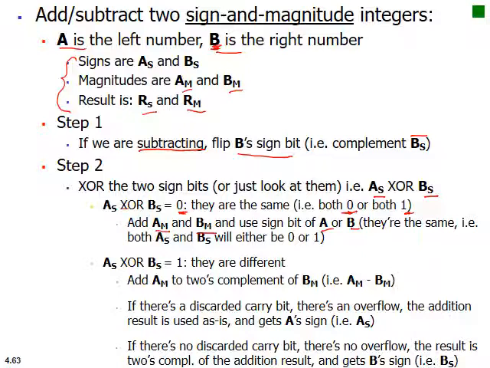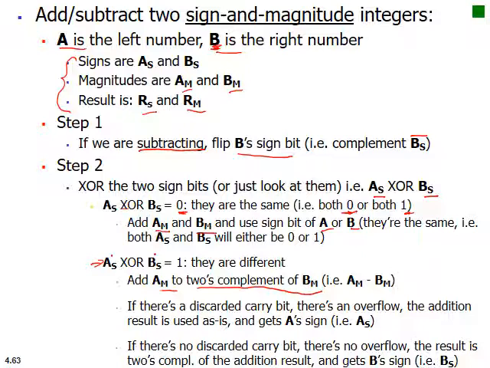Okay. So then if it was the other case, in other words, if the XOR resulted in a 1, if the sign of A and B were different, then we're not just going to add the magnitude of A and the magnitude of B, but add the magnitude of A to the 2's complement of the magnitude of B. Right, so we first do a 2's complement on B. If there's a discarded carry bit, so the carry bit you'll see in just a while, if something falls off or overflows, then in this case it's fine.